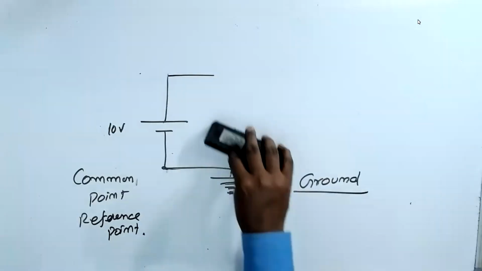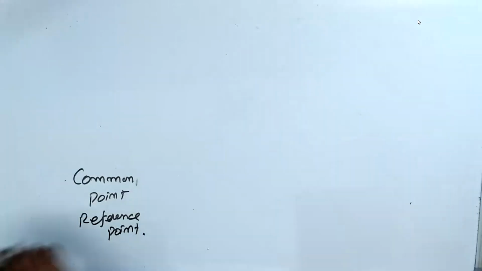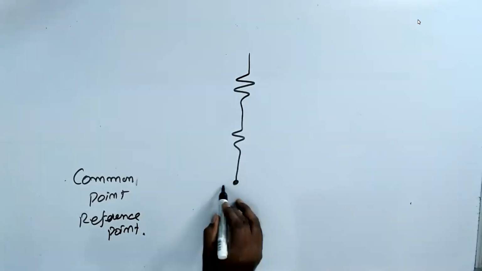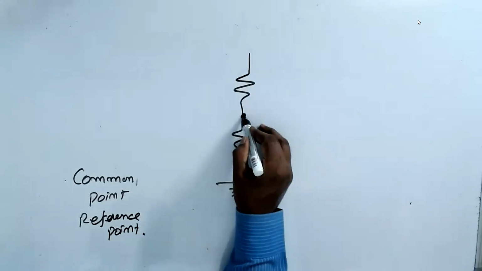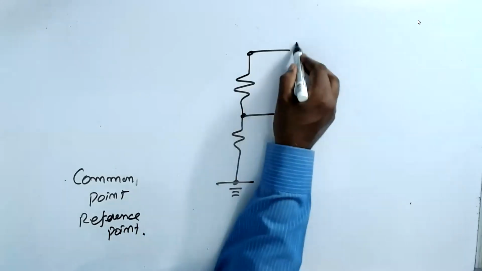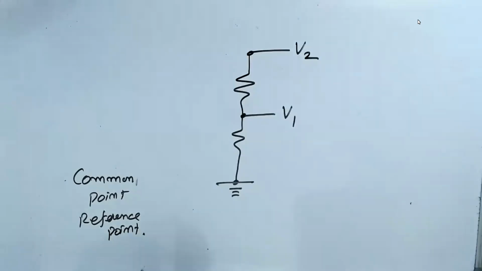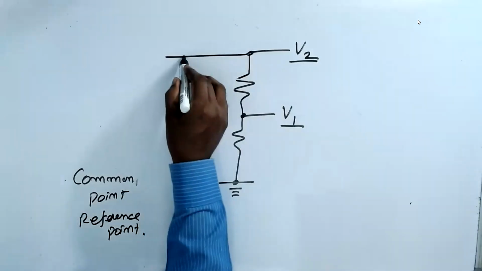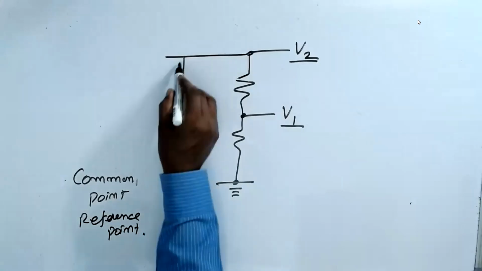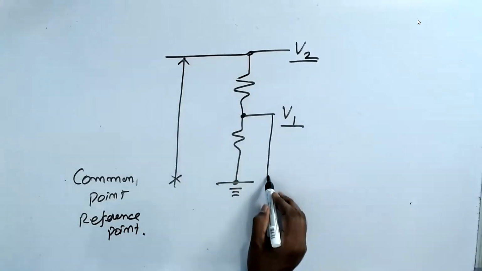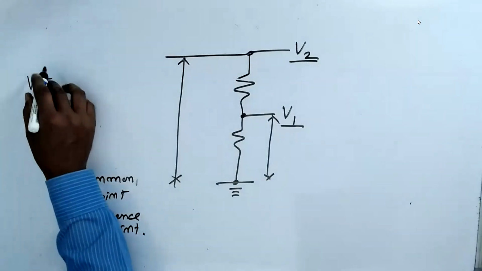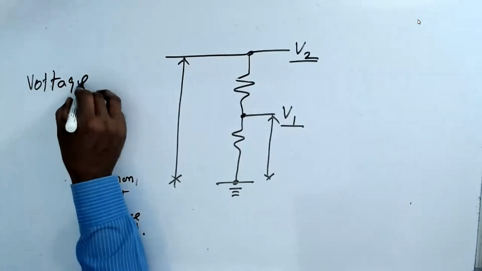So if I mention in a circuit, let's say I have two resistors like this. If we ground this, if we make this V1 and this V2, that means V1 is the difference between these two, and V2 is the difference between these two. You know that voltage is potential difference.